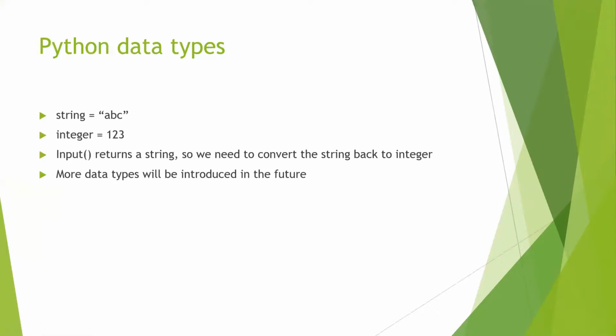It's just an integer. And since we use input as a part of our input-output design, but input returns a string from the user console, we need to convert the string back to the integer to make it work. And we'll introduce you to more data types in the future workshops.